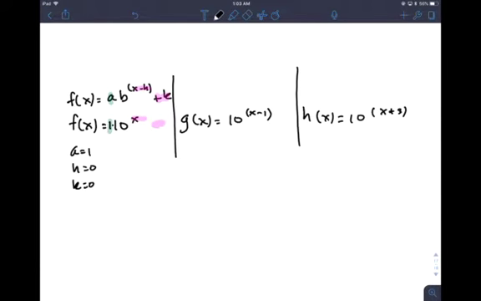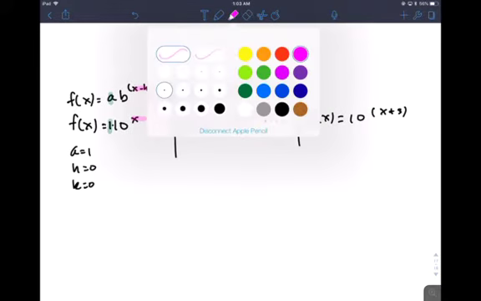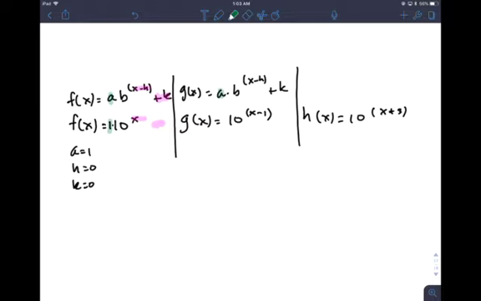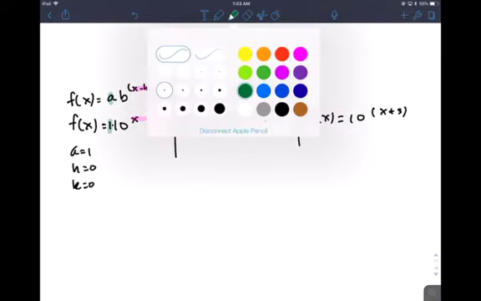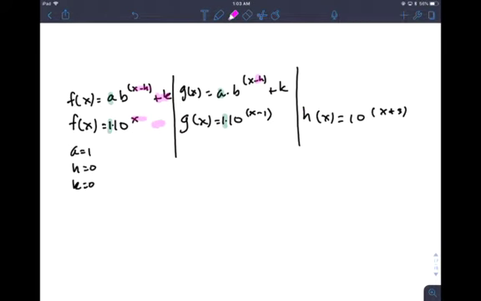If I do the same thing for this function, g of x is equal to a times b to the power of x minus h plus k. Again, if I compare the parameters, it will be consistent. A, the number in front of b, because I'm multiplying, I don't see it, it's an invisible 1. Here I see that h is negative 1, and for k I don't see anything there, so k has to be 0.